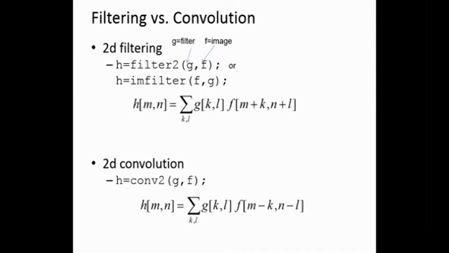That has the effect of rotating the filter. So if you do conv2 and your filter is symmetric in the right way, you'll get exactly the same response, but otherwise it will be like you rotated your filter 180 degrees. Usually we just use imfilter in this class, and under the hood they'll all be doing the same thing if you're doing linear filtering.